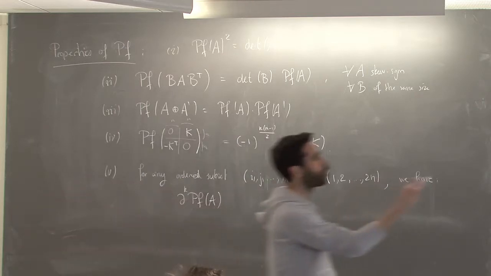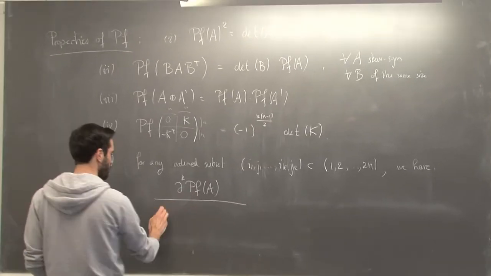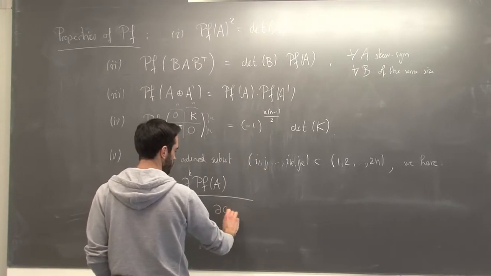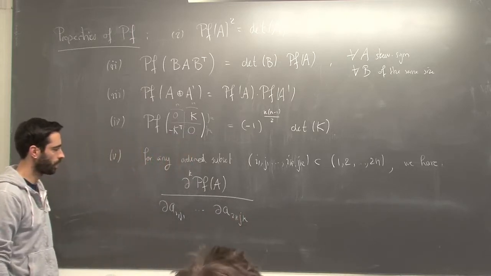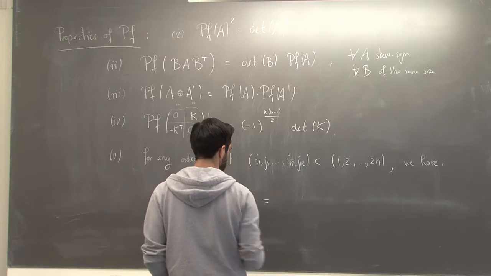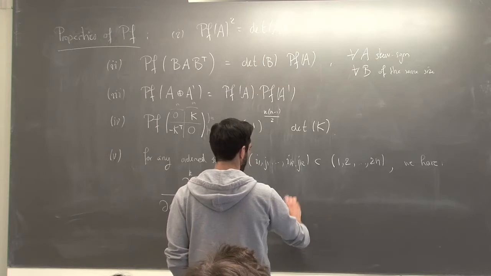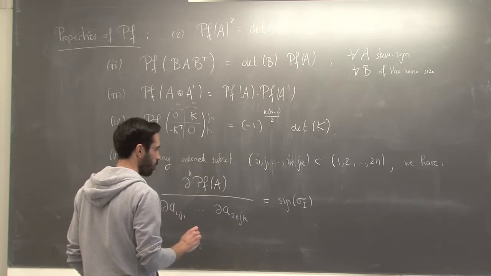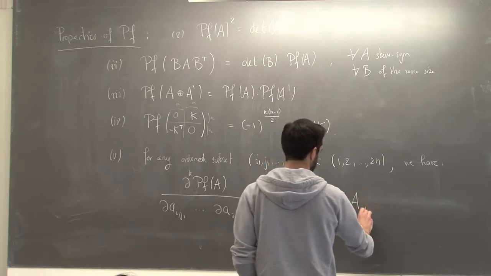So this is a polynomial in the coefficients A_ij, and I want to differentiate the Pfaffian with respect to k of these coefficients. And so there is a formula for this. This is the signature of some permutation, which I will write down in one second, times the Pfaffian of A.